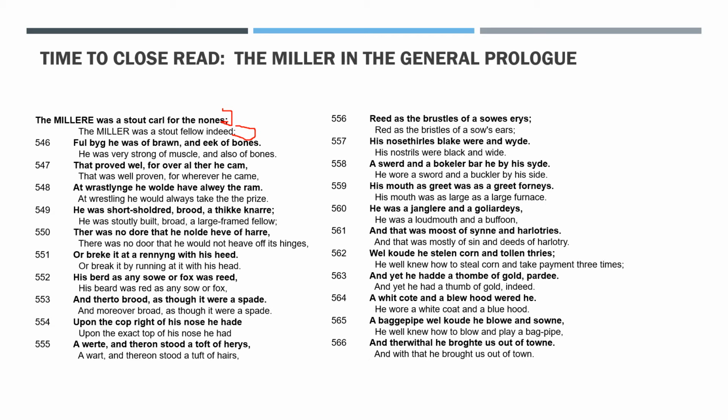The Miller was a stout carl for the nones. Full big he was of brawn and eke of bones, that proved well, for over all there he came, at wrestling he would alway bear the ram.